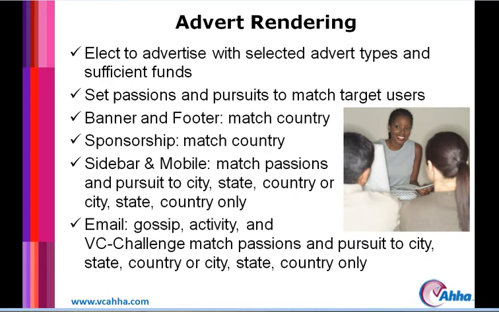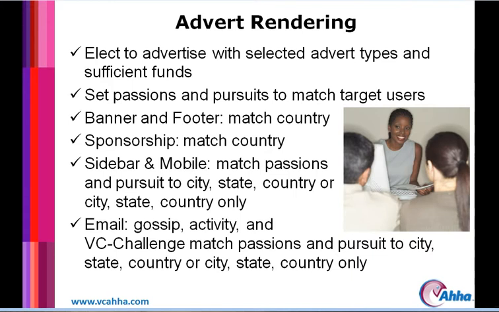There are also ads that are attached to emails when you're telling people about the gossip, a challenge, or a fundraising activity. And again, we do the same matching as on the sidebar ads. Any questions around that so far?